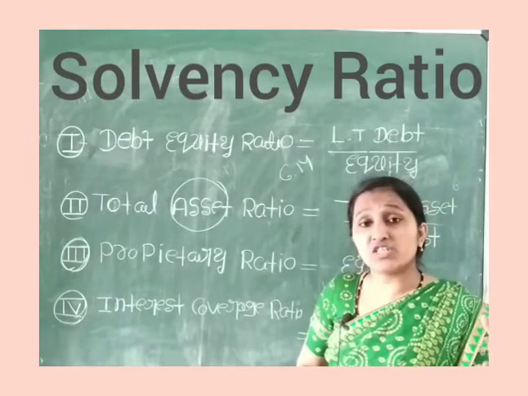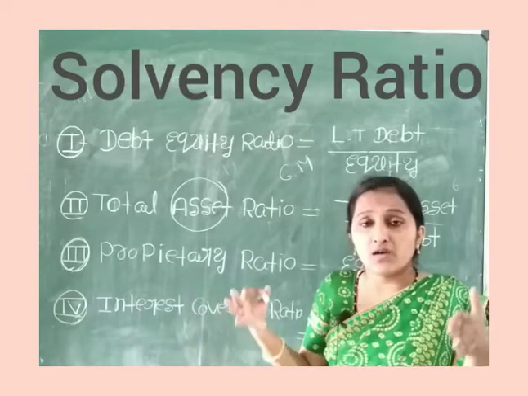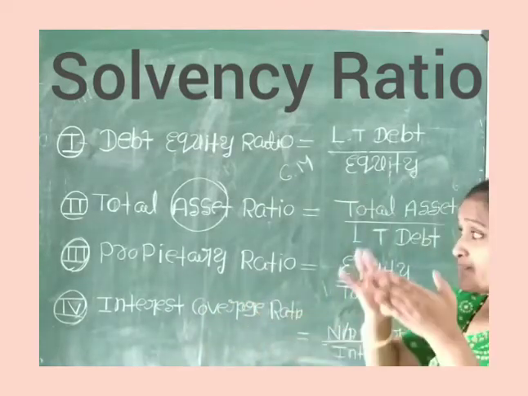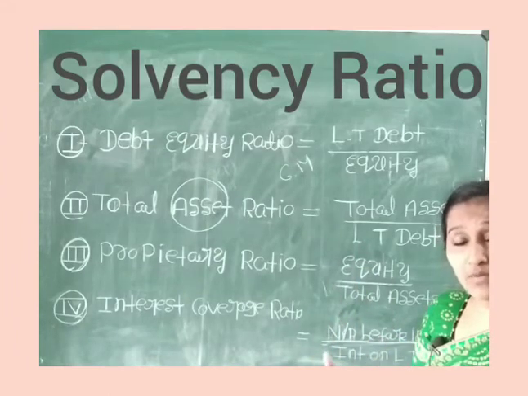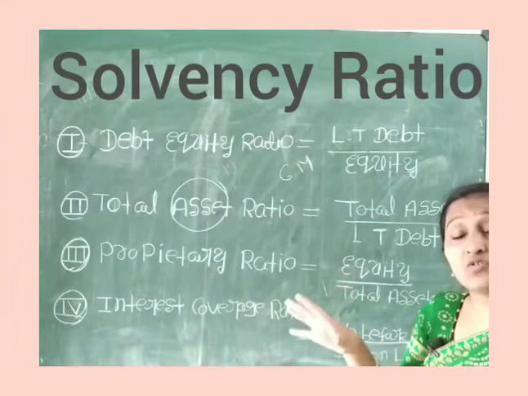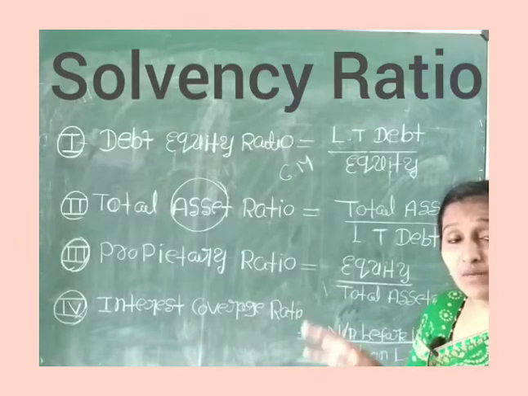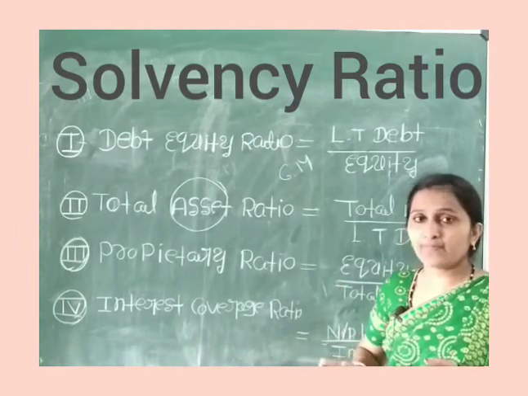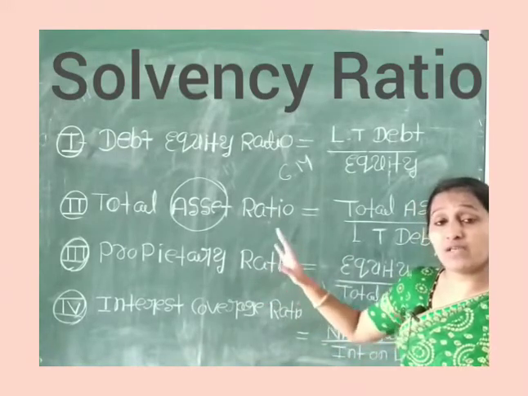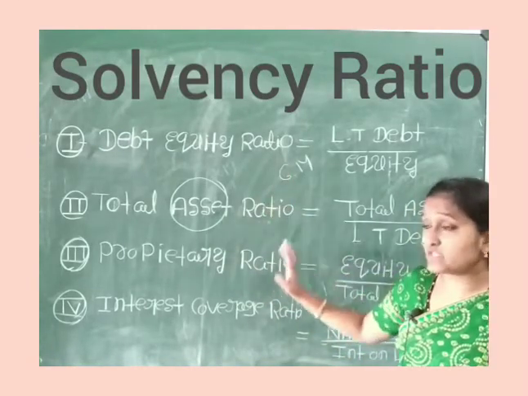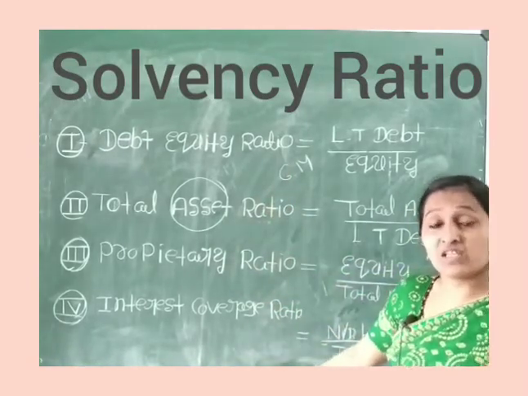The question consists of one particular problem. Based on the given information, what formula they are asking us to apply, what the given information is, all these things you need to keep in your mind before you solve. Based on the given information, they will ask you to calculate all these 4 ratios together in one question.